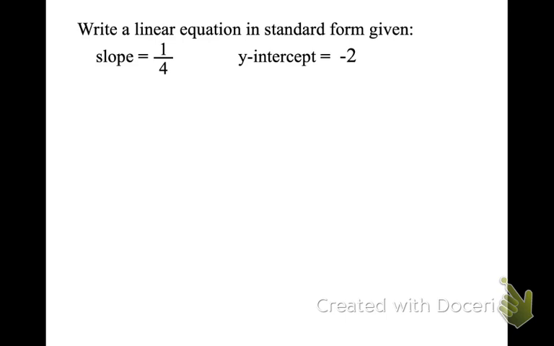Okay, so this time they want it in standard form. I'm going to write some directions over here. Use slope-intercept. Pause the recording and see if you can do it.